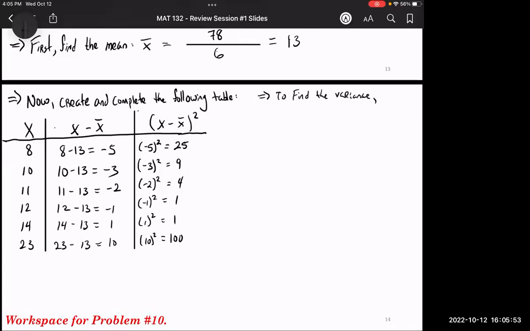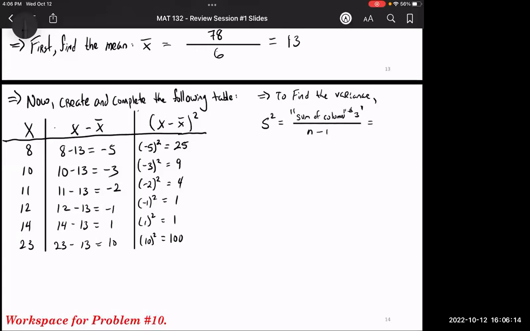we have to take the sum of column 3 and divide it by n minus 1, right? Sum of column 3 divided by n minus 1.